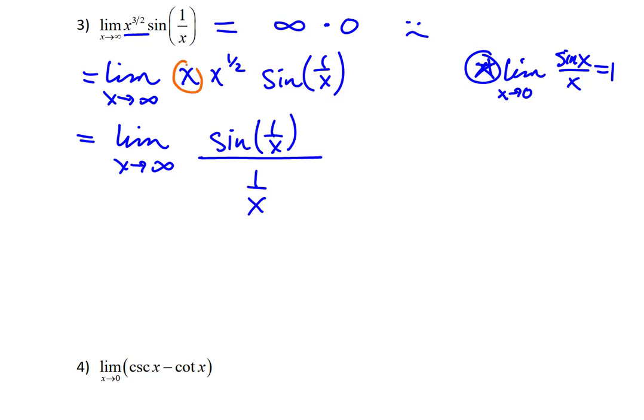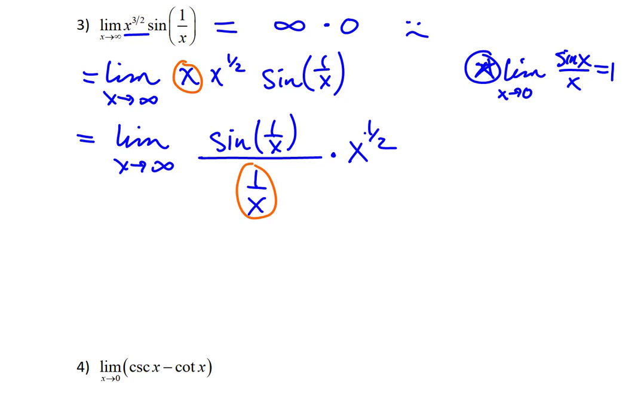In fact, I'll just color coordinate how that happened. But notice we have not put in this x to the 1/2 power, so we can just tack that on after our fraction. Okay, so ultimately we've rewritten this limit to be the limit as x approaches infinity of sine of 1 over x over 1 over x times x to the 1/2 power.